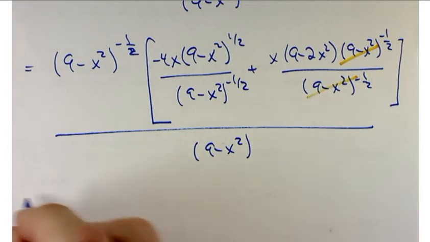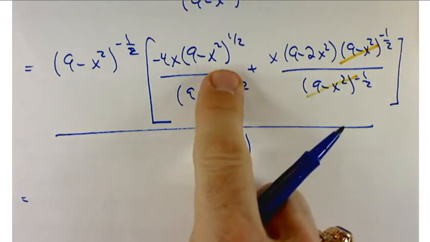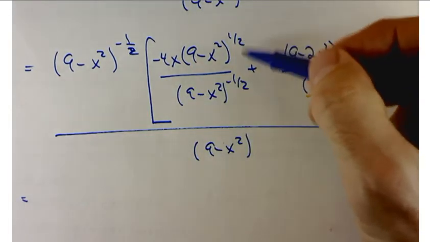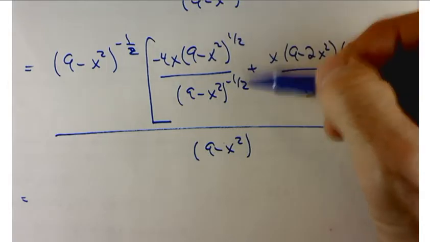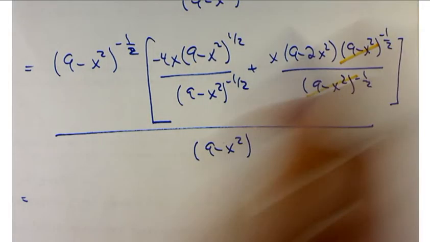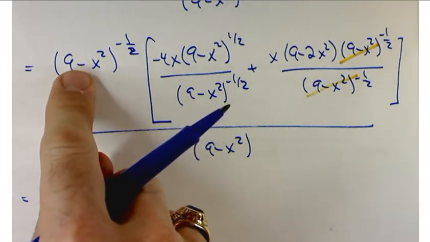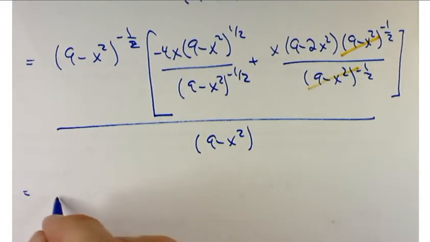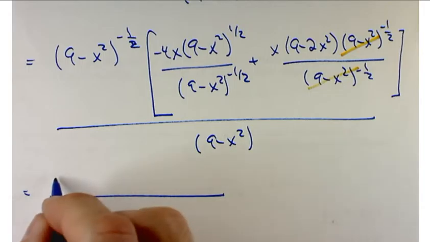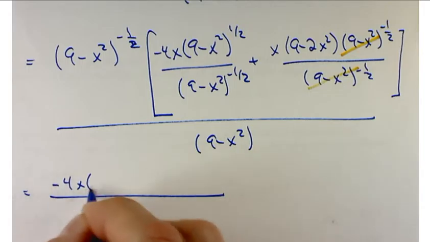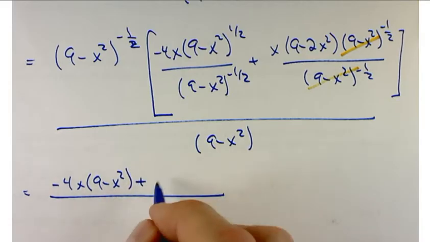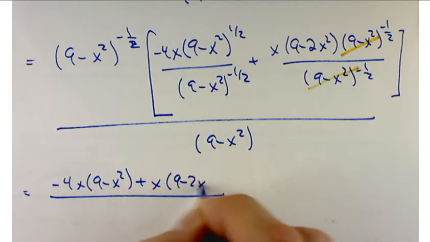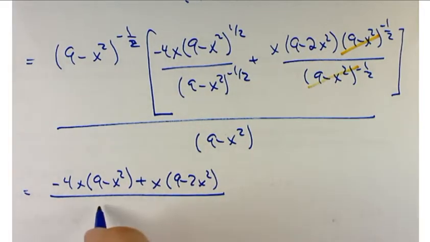You get this to the first power because the 1/2 minus negative 1/2, you change the signs and add, you get to the first power. This, I'm going to put down in the denominator. So it's going to look like this. Negative 4x times 9 minus x squared to the first power plus x times 9 minus 2x squared over 9 minus x squared to the 1/2 power times 9 minus x squared.